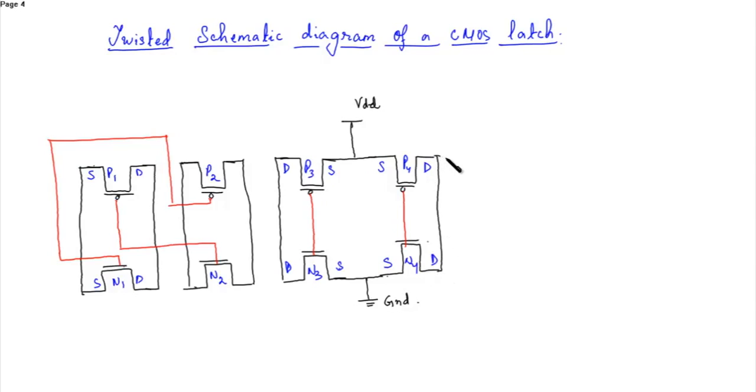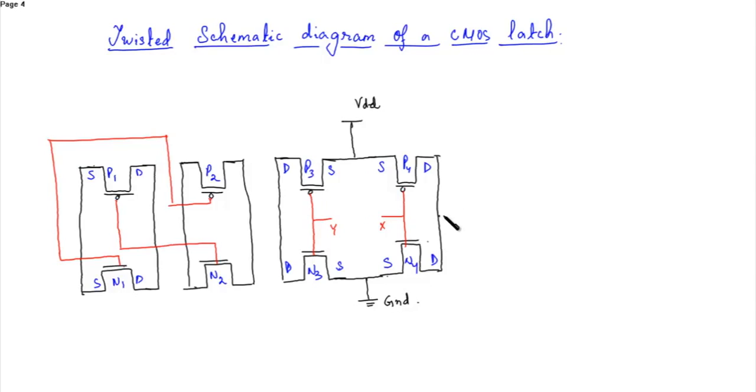Okay, so this is the input. Suppose this is input Y and this is input X, then the output obtained will be this, this is the inverter form.